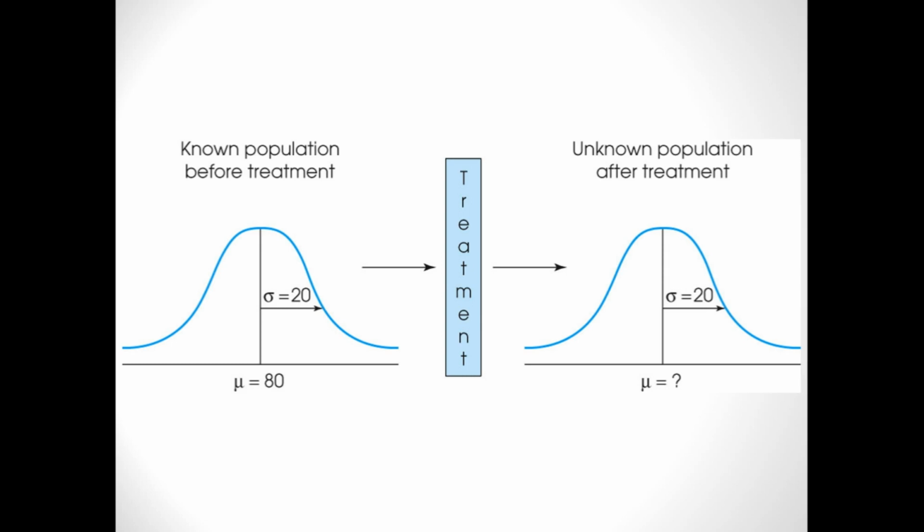After treatment we have the same standard deviation, and the mean of the population is calculated, and hypothesis testing will make a decision of whether or not the treatment has an effect based on the value of the mean after treatment, based on the hypothesis testing principle that we will show you a little bit later in this tutorial video.